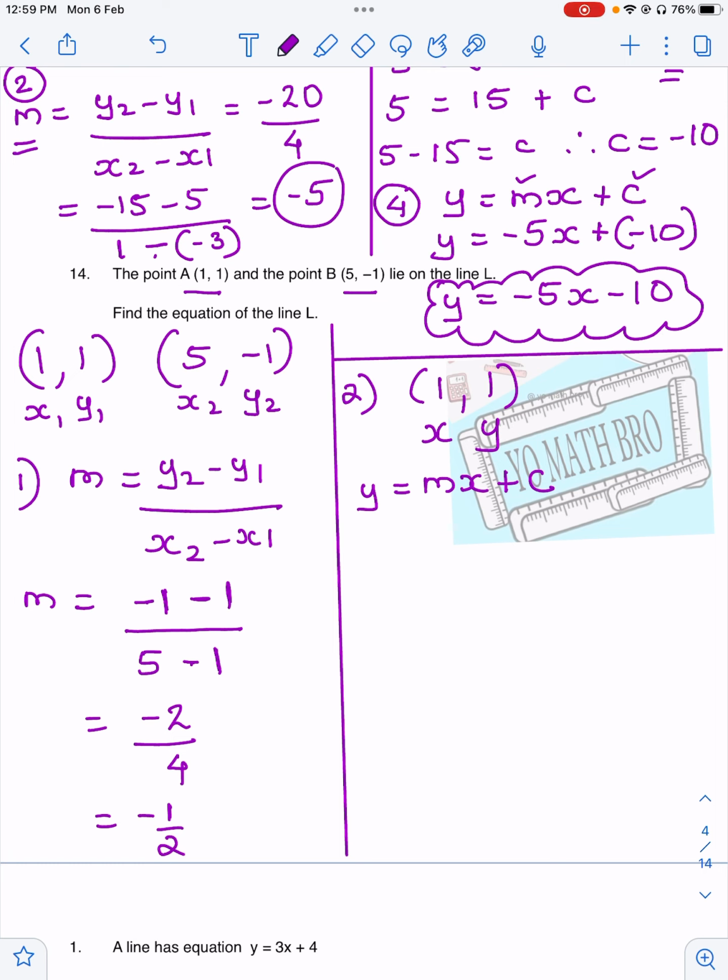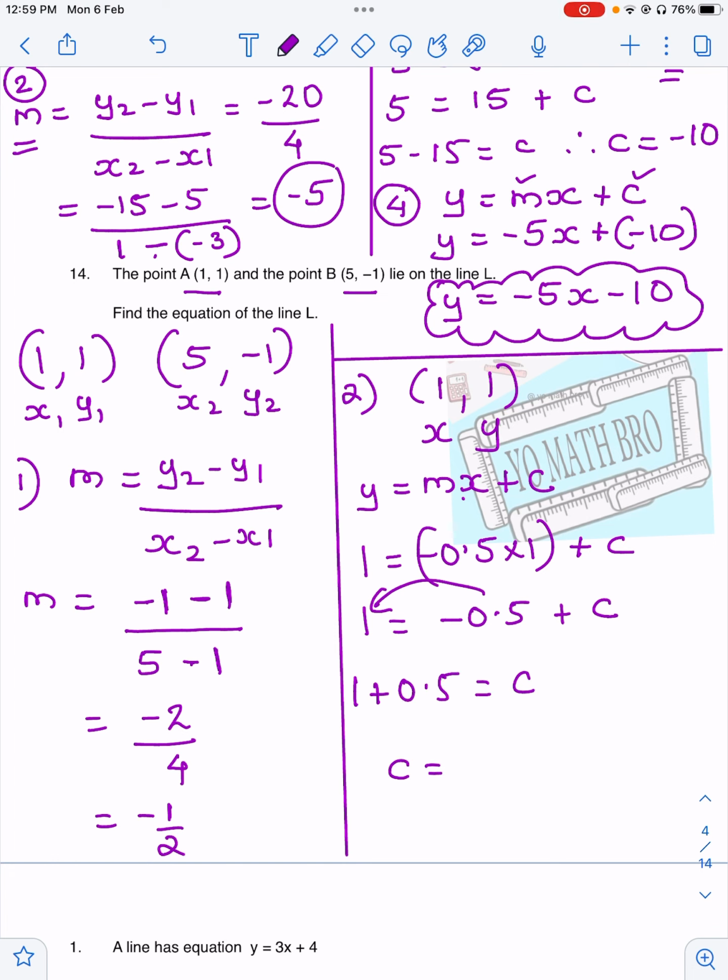I substitute the value of y as 1. m I have already got as minus half, which I am going to write as -0.5, and x is 1 plus c. So 1 gives me -0.5 plus c. -0.5 goes that side, becomes plus 0.5, and I get c as 1.5.